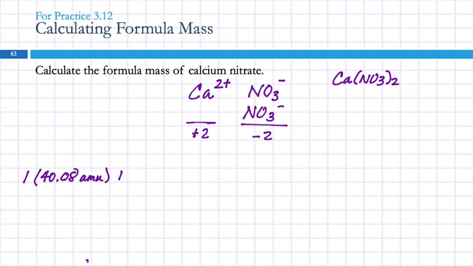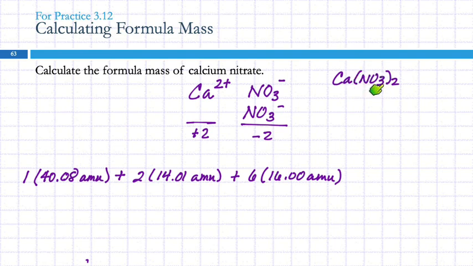And then we have nitrogen as the next element. How many nitrogen atoms? 2. And the mass of 1 nitrogen atom is 14.01 atomic mass units. And how many oxygens? 6. Each oxygen weighs 16 atomic mass units. The 2 outside the parentheses says I have 2 of everything in here.